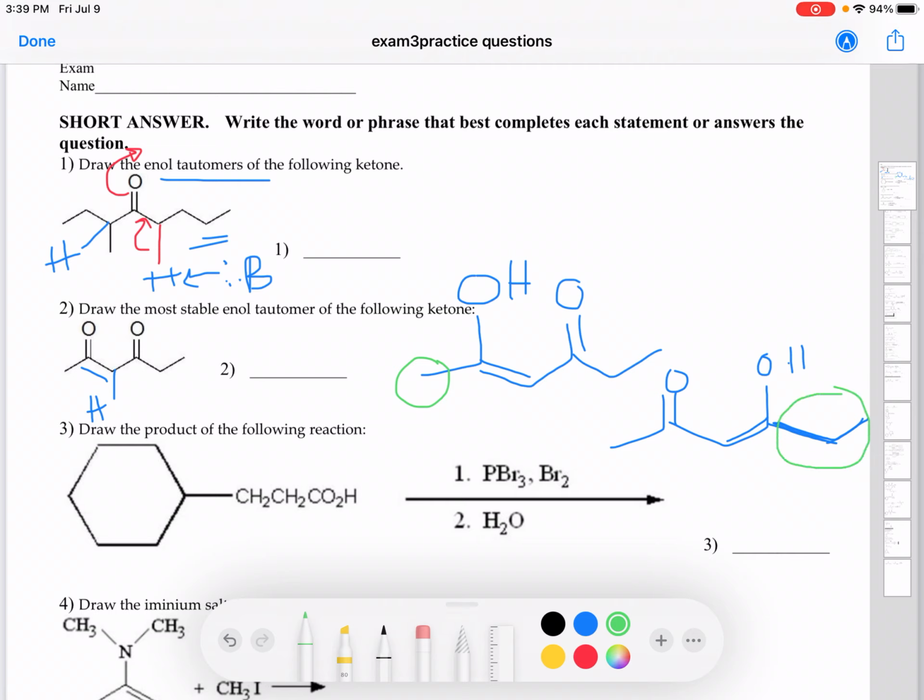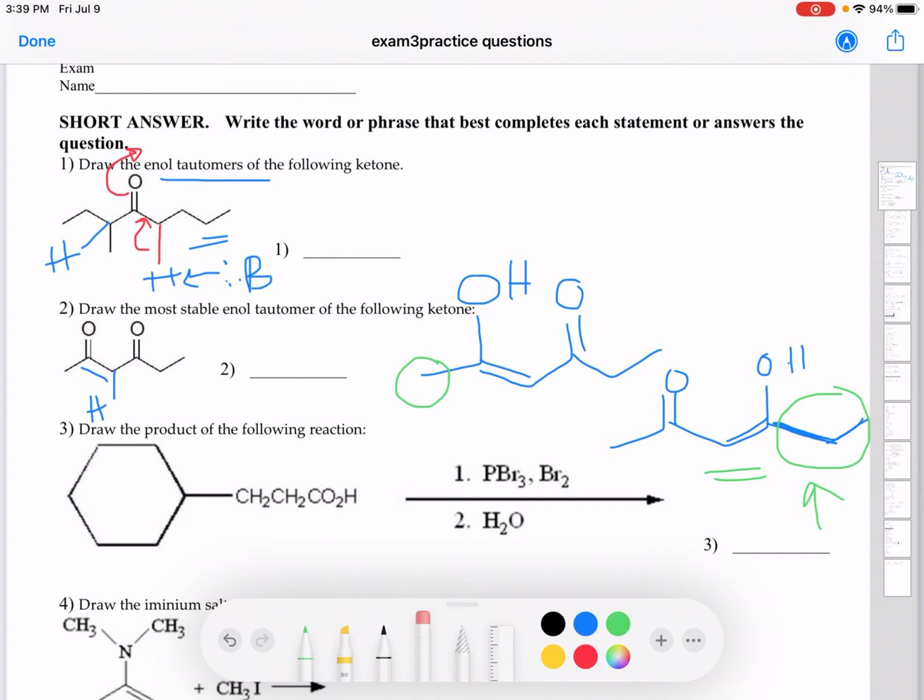So if you look at the alkene part, which one is going to be more stable? Both alkenes are tri-substituted, 1 2 3, 1 2 3, but this one has an ethyl group as the alkyl group, making this alkene most stable. Okay, so the most stable enol tautomer would be the second one.